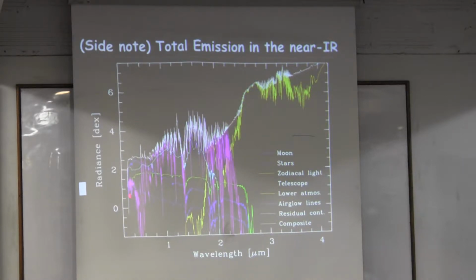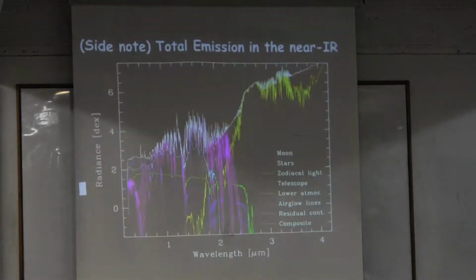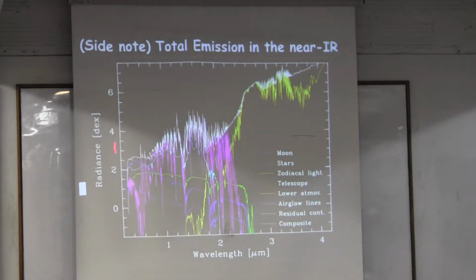If you would take a spectrum, now it's radiance, but it doesn't actually matter. Just say that's the brightness of the background as a function of wavelength. And here you see the individual components: the moon, which is always a problem when we observe faint sources against the sky background, zodiacal light, telescope emission, lower atmosphere, airglow, so this is the fluorescent emission.